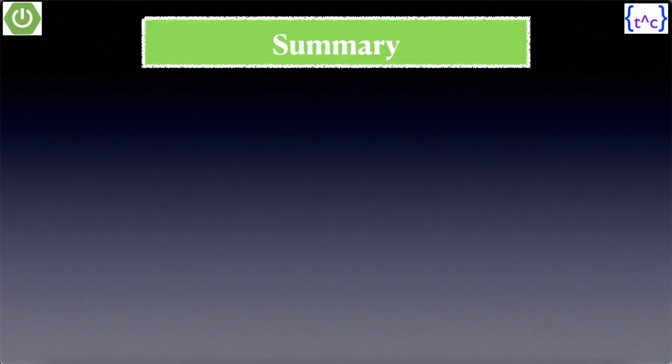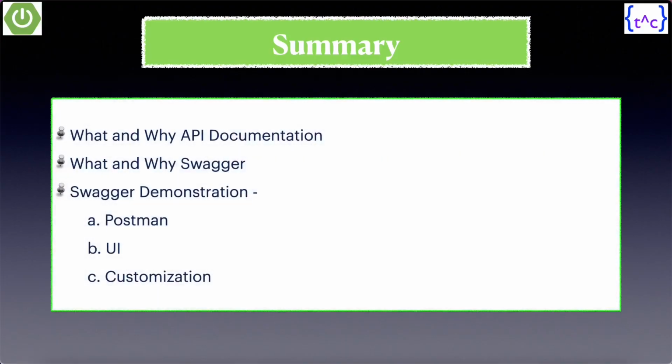Alright, let's summarize what all we have learned in this session. We have discussed what and why of API documentation, what is it and why is it so important, what tool we should be using. So we have used Swagger. So we have learned what and why of Swagger, and Swagger is not limited to API documentation, but this is one area which has really given great visibility to Swagger.